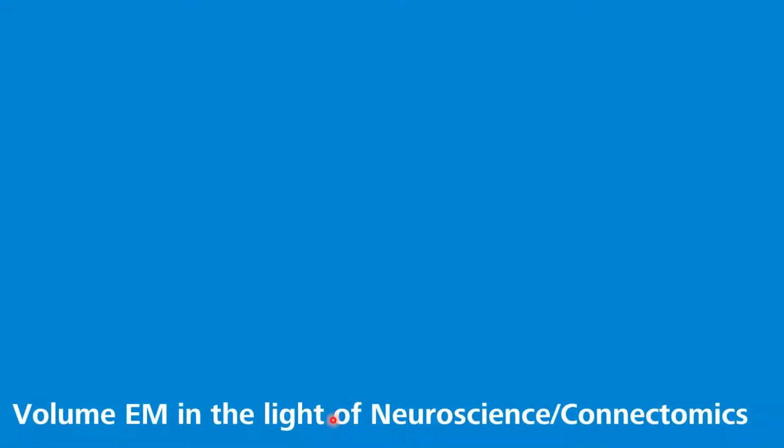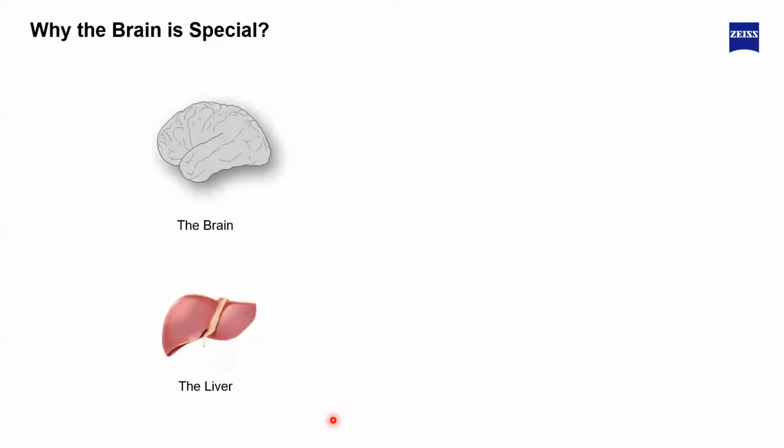So starting off with a topic that I find very interesting, of course, coming from the neuroscience field, and the question why, at least in my opinion, the brain is actually a very special organ. This is an example of a human cortex or a human brain, and eventually I want to compare it quickly to a liver and illuminate a couple of aspects that make the brain quite special.